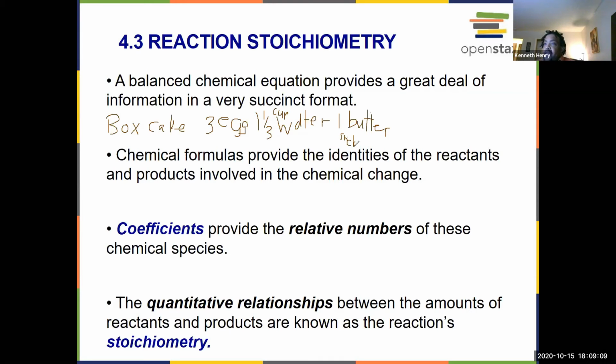Okay. So this is our recipe. So we have a box cake, 3 eggs, 1 1/3 cup of water, and a stick of butter. Okay. And then, if we were writing an equation, box cake, we're going to say BC for box cake.